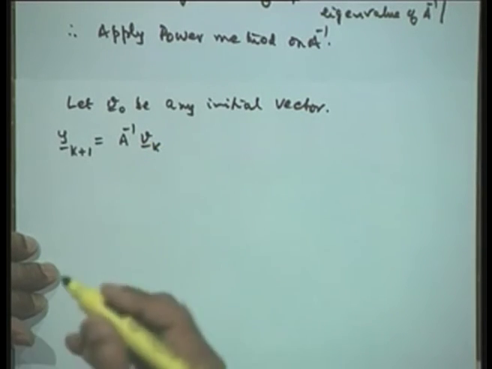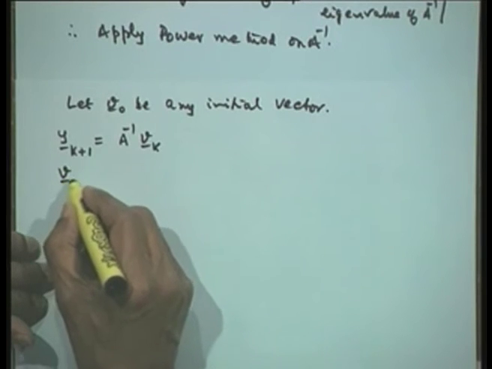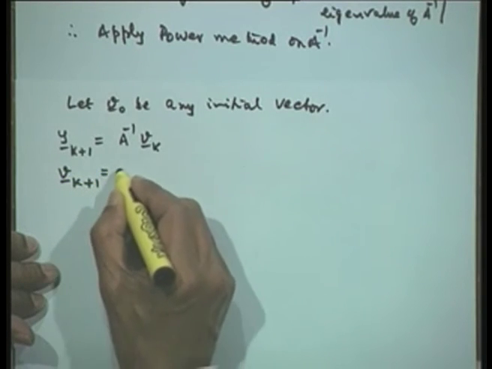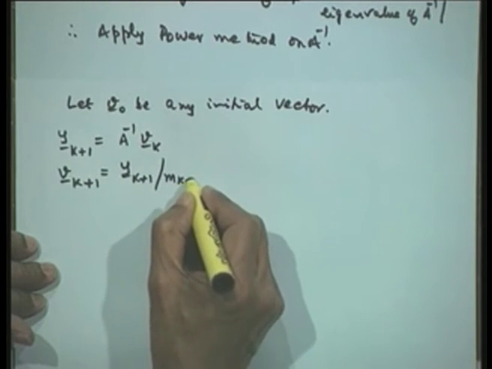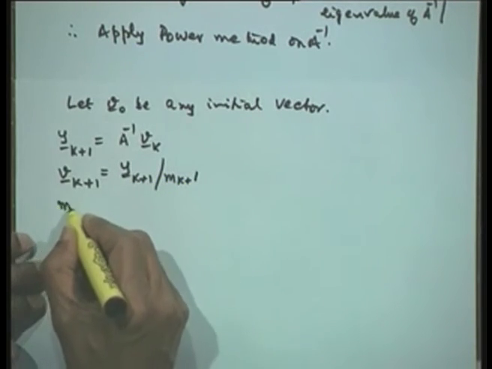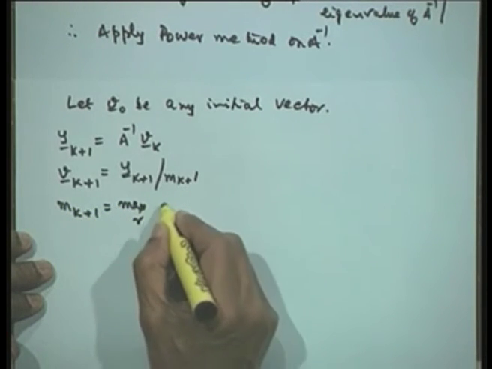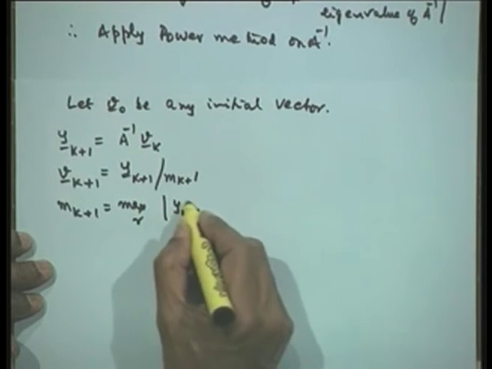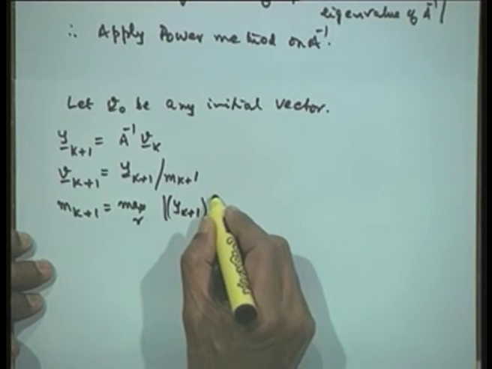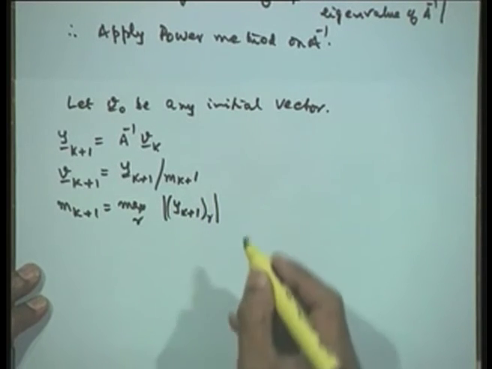I am applying the power method on A inverse. Then V k plus 1 is equal to y k plus 1 divided by m k plus 1, and m k plus 1 is the maximum of the largest elements in magnitude of this.